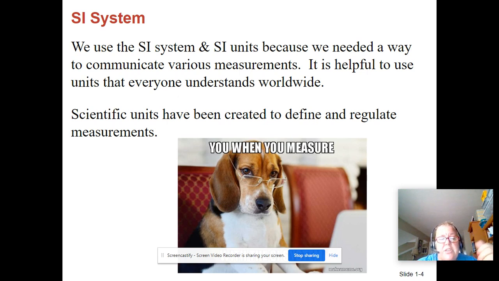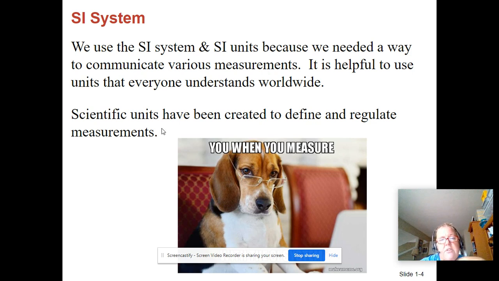Or if you say 10 inches, or 10 miles. We need to make sure that we know what unit we're talking about, so we need to be able to explain what we are discussing.